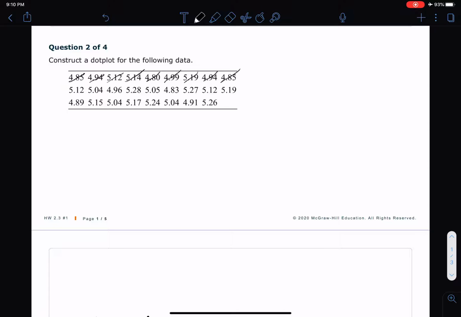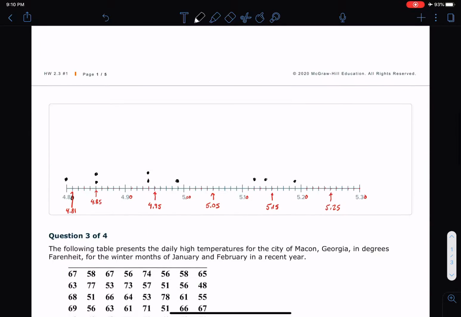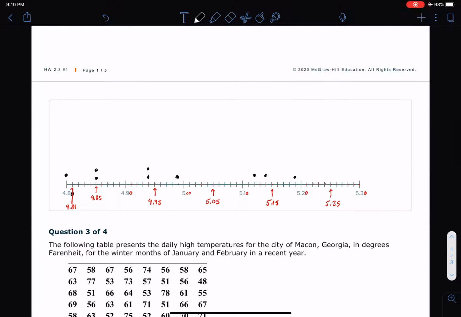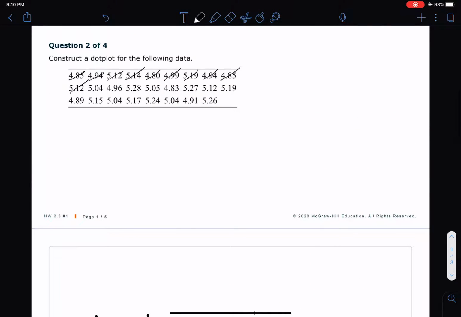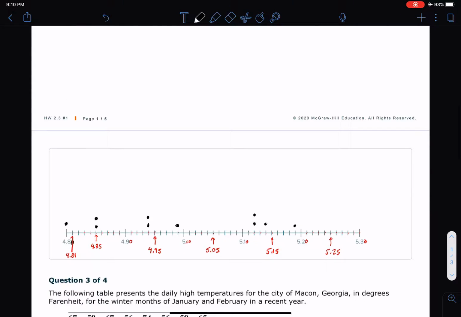Okay, next row, 512. So that's 10, 11, 12. 512, yep, okay. Go back. 504. 504, go back by 1, and there it is.